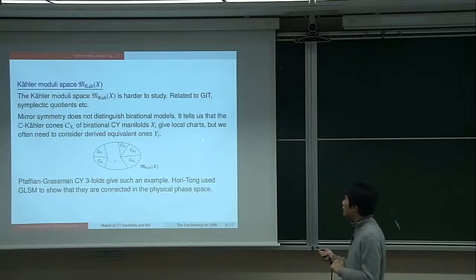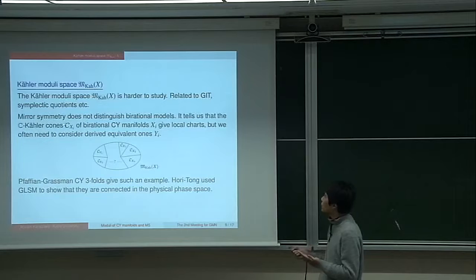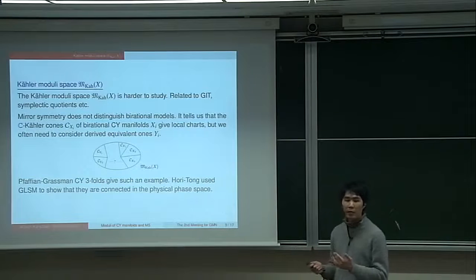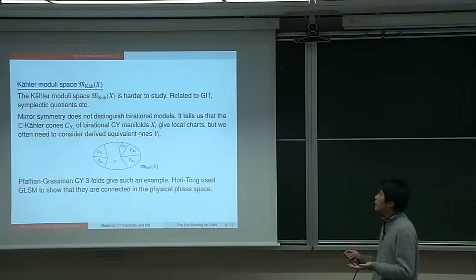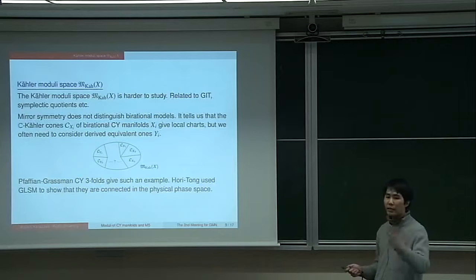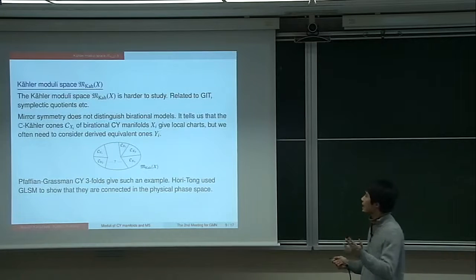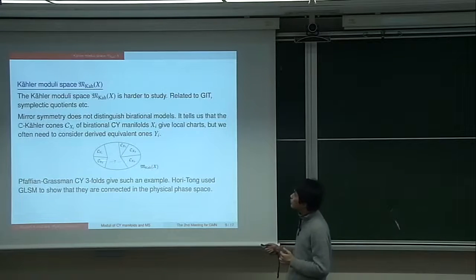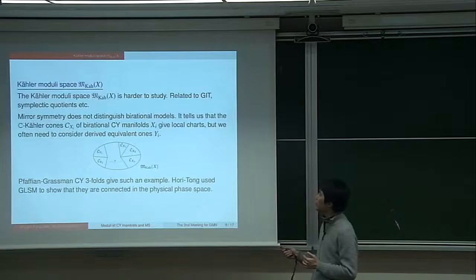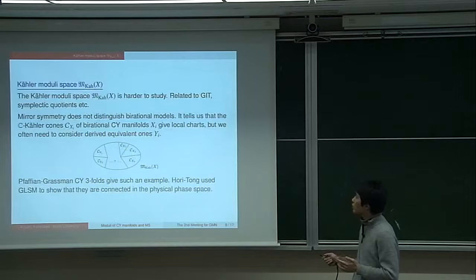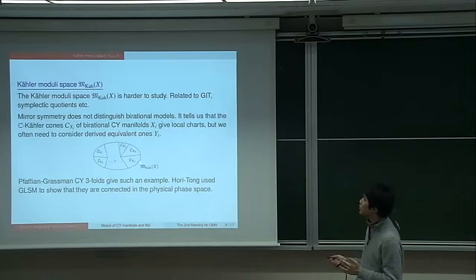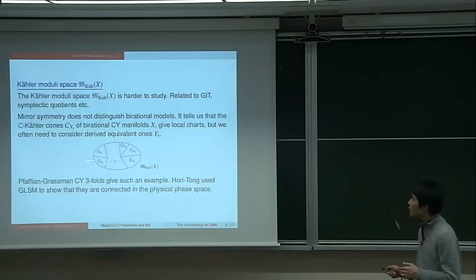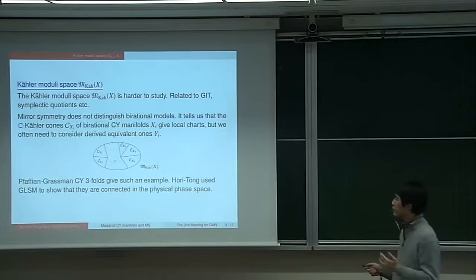And moreover, we sometimes need to consider derived equivalent Calabi-Yau manifolds as well. So X and Y may not be directly geometrically related. So the picture is like this. Birational Calabi-Yau manifolds, which are related by flops, have Kähler cones that can be adjacent, but for derived equivalent ones, we don't know the relation between these. There may be a non-geometric phase.